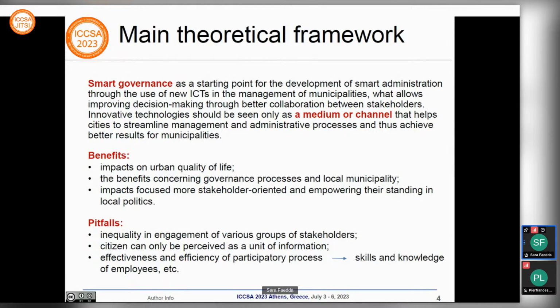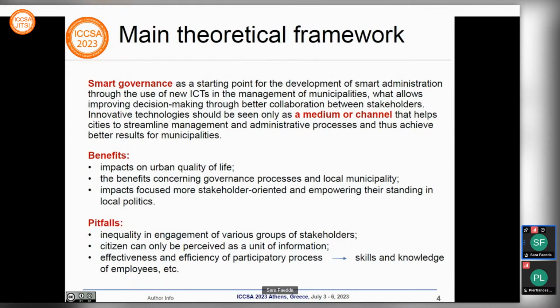And very important is that the medium to realize it is new information technologies, but the main idea is not just to use these technologies; they should be used as a tool to make decision making easier, for example, in providing public services and so on.